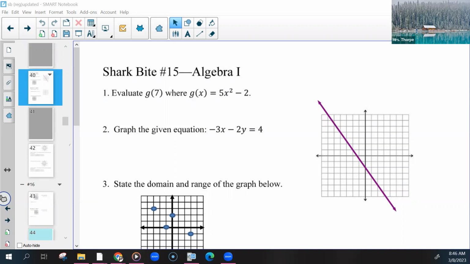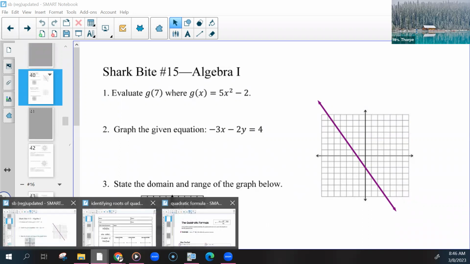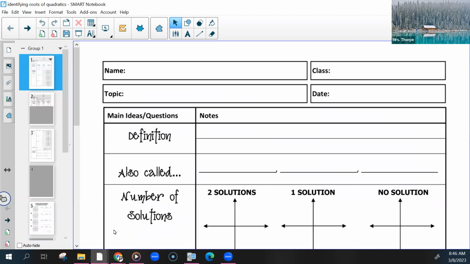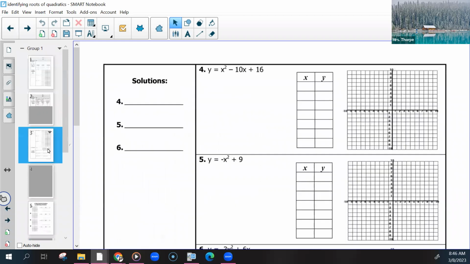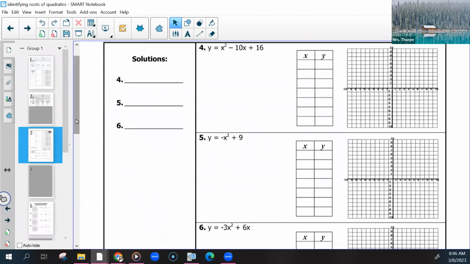Right, if not, we did the first three problems on this. Go to the back of this.